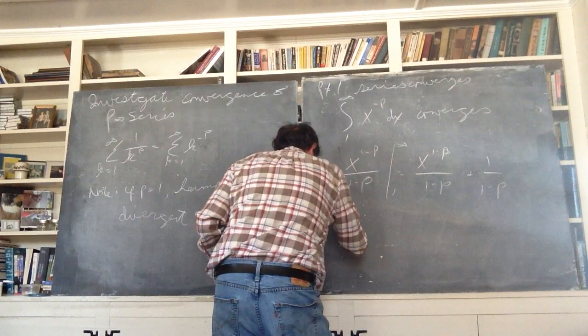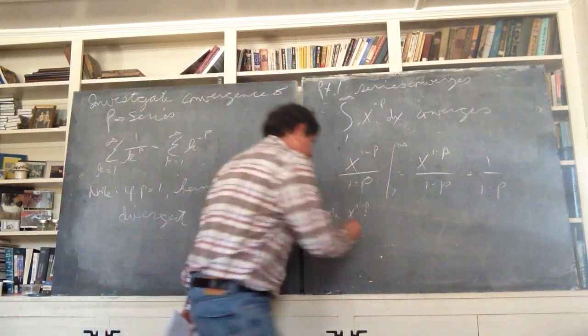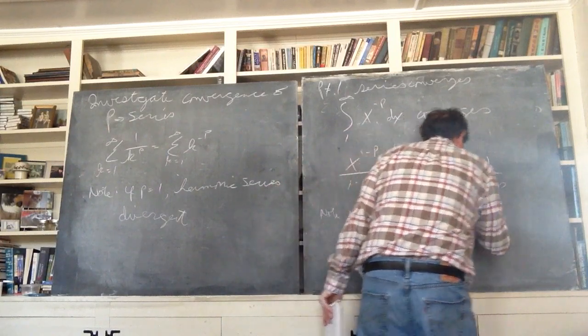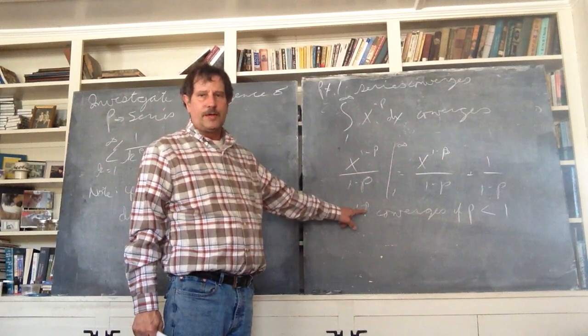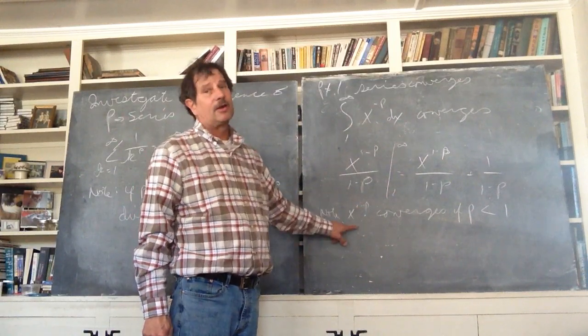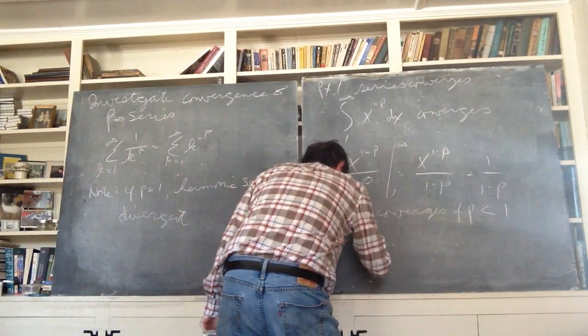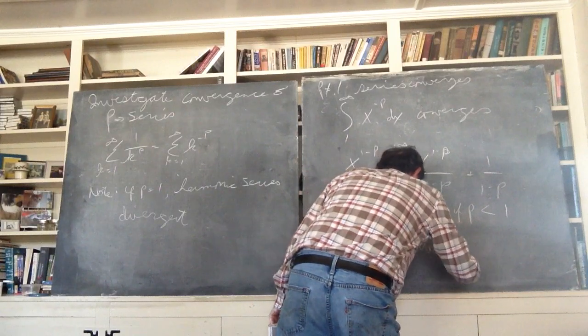Note, x to 1 minus p converges if p is less than 1. Suppose that's a half. 1 minus a half, x to the half. That'll converge. If p is greater than 1, this x to the 1 minus p diverges.